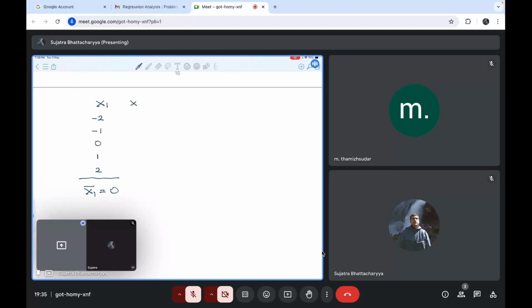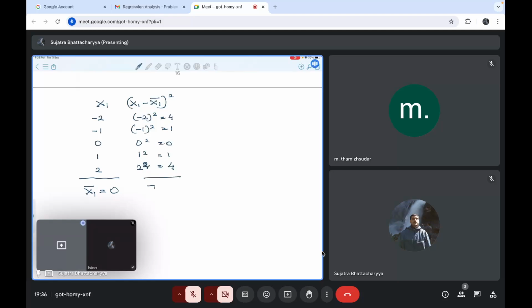Next, let us write x1 minus x1 bar squared, because this is required for S11. So it will be minus 2 minus 0, because x1 bar is 0. So it's just x1 squared: minus 2 squared, minus 1 squared, 0 squared, 1 squared, and 2 squared. So this is 4, this is 1, this is 0, this is 1, and this is 2 squared, right? This is 4.